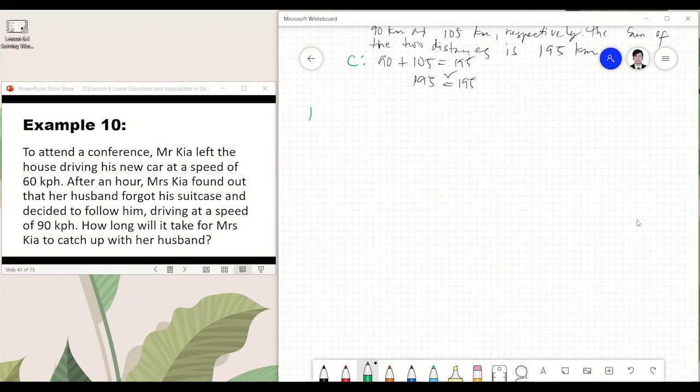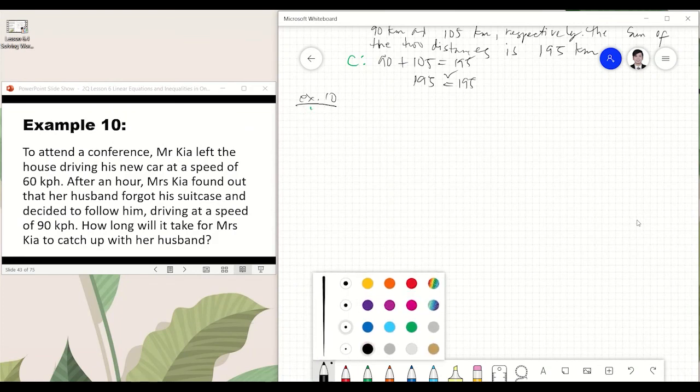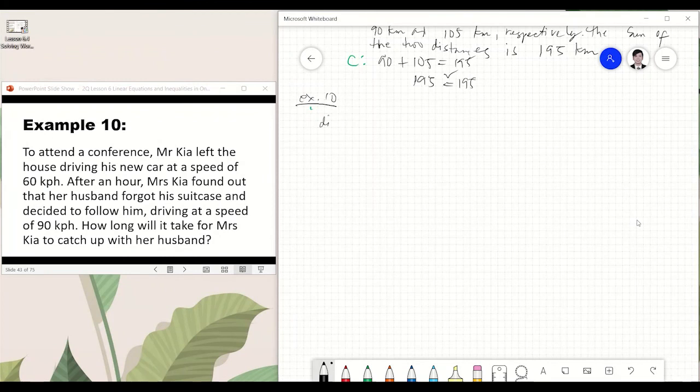So, you'll start with the representation. But before we do the representation, I think it would be best if there's a diagram again. I know this is quite understandable compared to the others, but let's have a diagram instead. So let's say we have Kia's home here. So, si Mr. Kia, umalis na siya earlier.